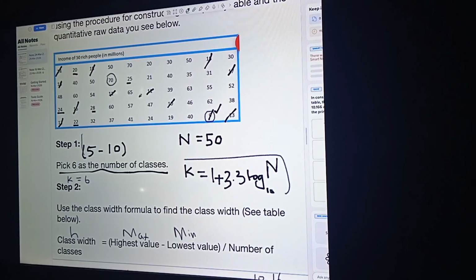So count the underlined numbers. 1, 2, 3, 4, 5, 6, 7.